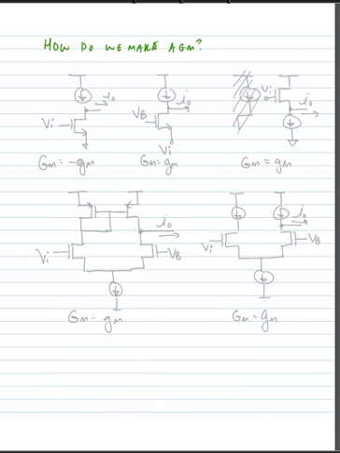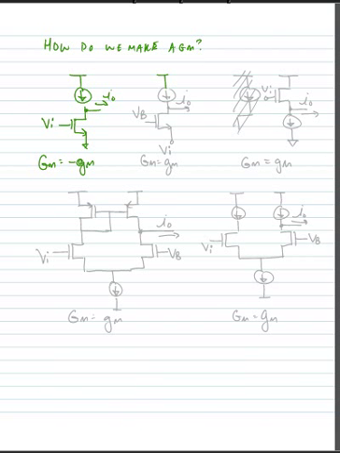So one way we might make a GM is to use a current source to bias a MOS device, where we put an input voltage into the device and take an output current from the drain of the device. In this case, the big GM would be equal to minus the little GM of the device itself.